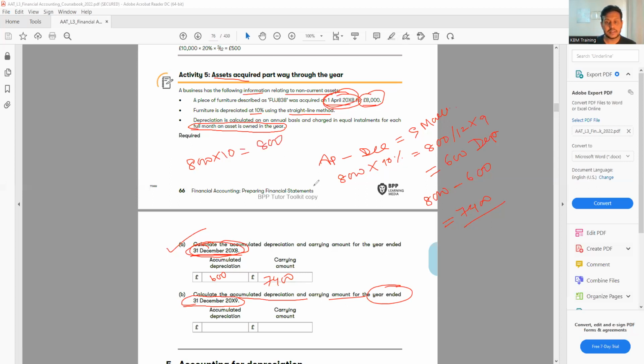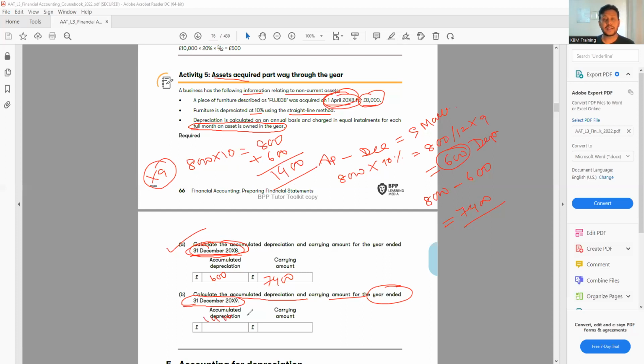How much the carrying value will be depends on how much you have left. The question is asking how much the accumulated depreciation is for 2019. From 2018 we already have depreciation of 600, and for this year it is 800. So 800 plus 600 gives 1,400 accumulated depreciation.